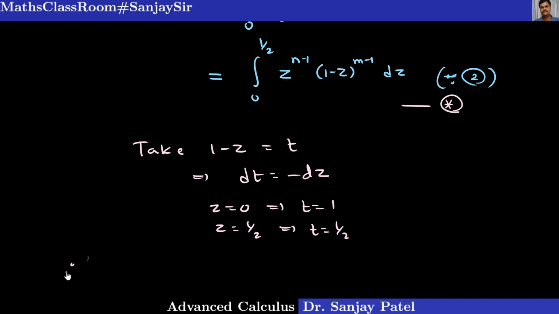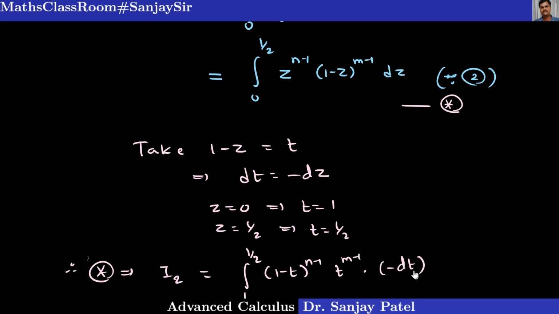So therefore, star implies I will get I2 is equal to integral from 1 to 1 by 2, z is 1 minus t raised to n minus 1, and 1 minus z is t, so t raised to m minus 1, and dz is minus dt.